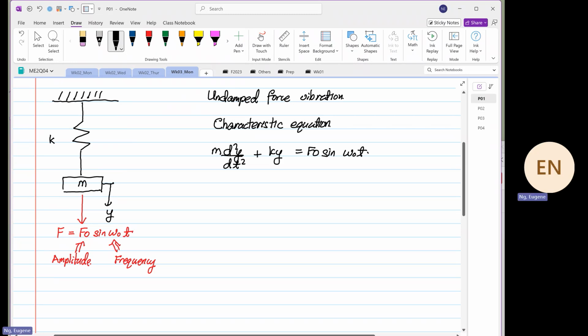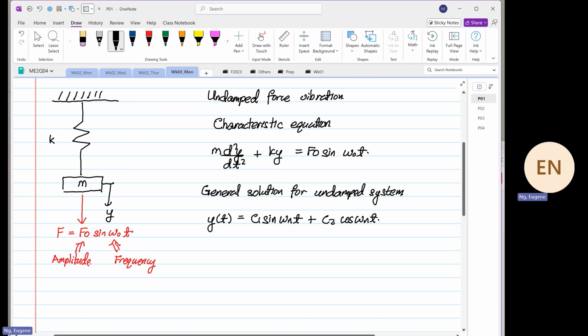So we know for the general solution for an undamped system, it takes the form y as a function of time is equal to C1 sine omega n t plus C2 cos omega n t.